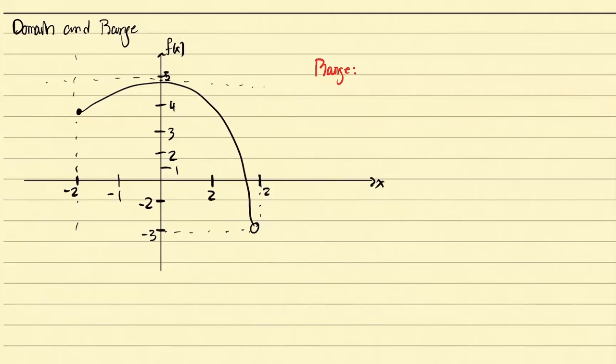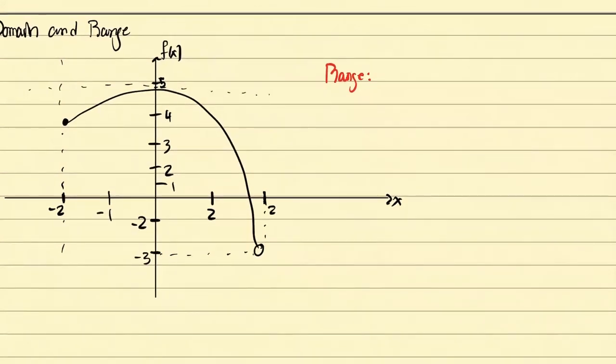So it is a function because no matter where I draw this vertical line, it only touches the graph once. If this graph started curving in on itself again, then I could draw a vertical line here, and it would fail the vertical line test.